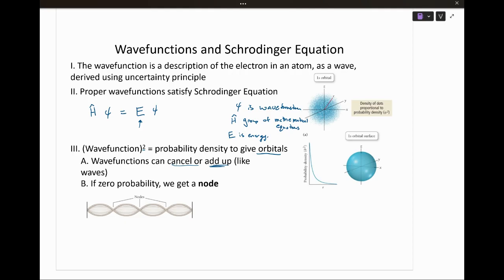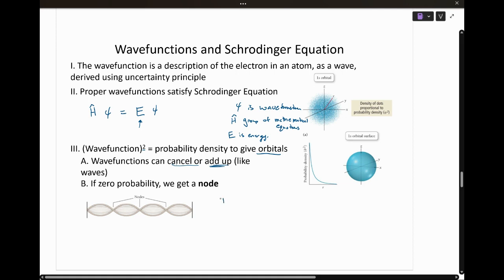Additionally, if your wave function says that there's zero amplitude at some position, that means the wave is not there. If we looked at something like this, I guess we have it off to the right as well. If you have this, if we square this, which is 0, meaning that there's no height to that curve, 0 squared is still 0.